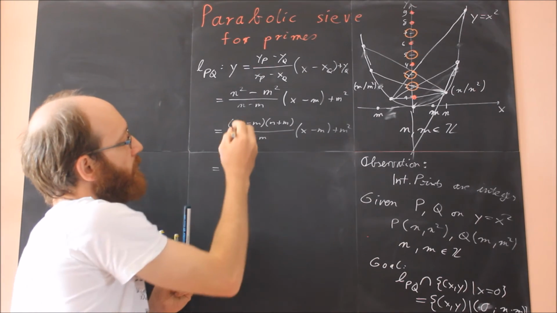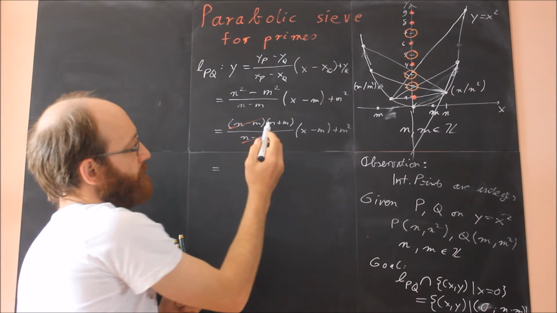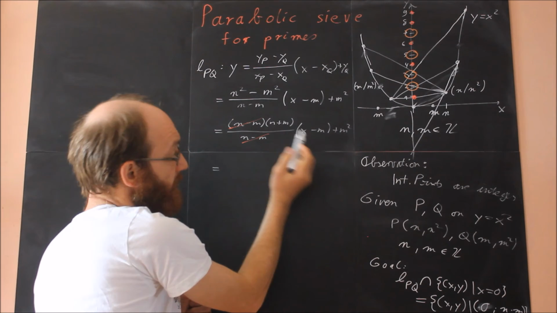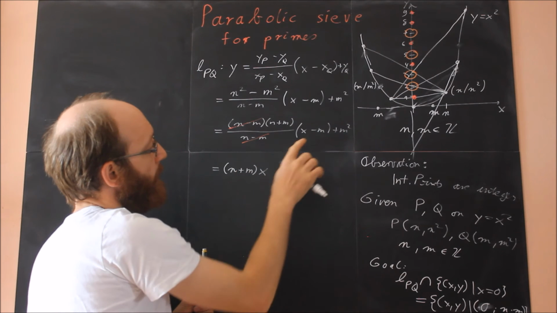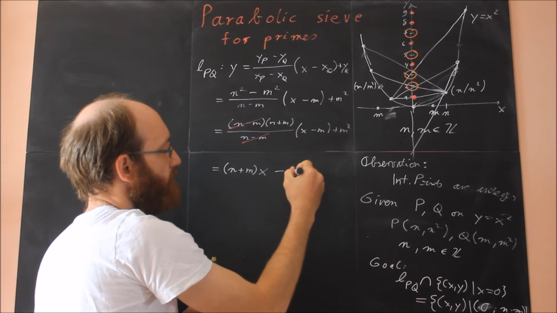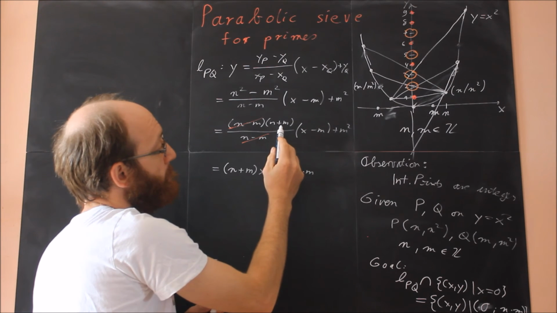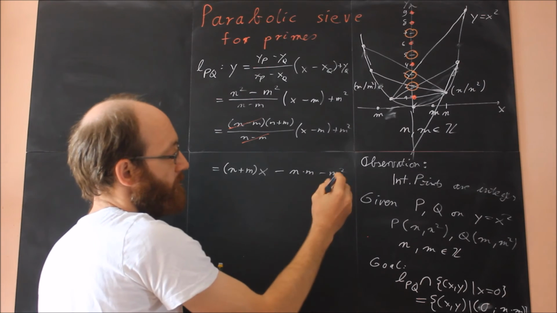Here n minus m cancels out and we get (n plus m) x minus n times m minus m squared plus m squared.